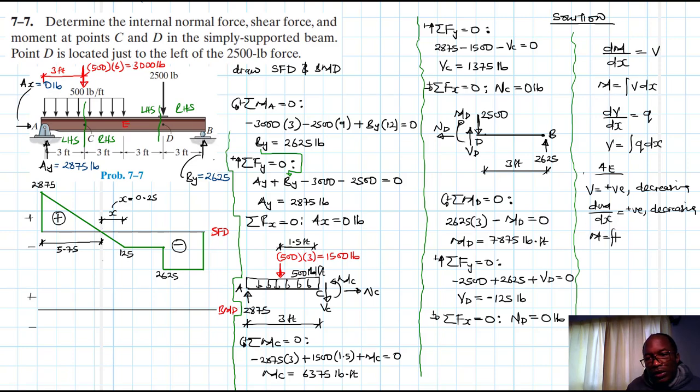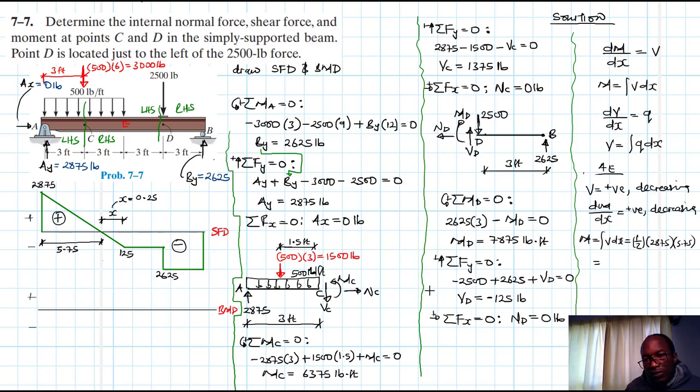And the magnitude of the moment is the area under the shear load diagram, which is just triangular, so it's half times 28.75 times 5.75. Once we calculate that, we find the area for that.